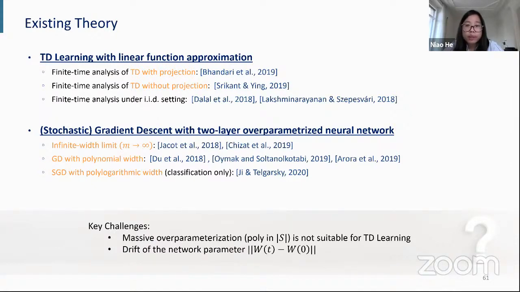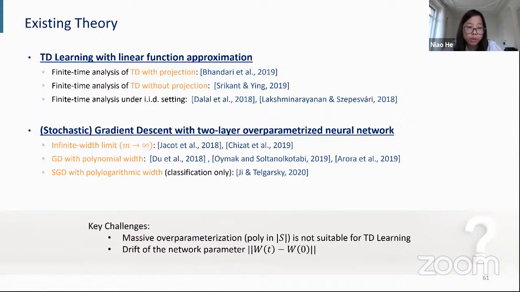First of all, unlike gradient descent or supervised learning regression settings, where you have the input and are directly given the labels, right, noisy labels, here in the reinforcement learning setting we are not directly given estimates of the value functions.